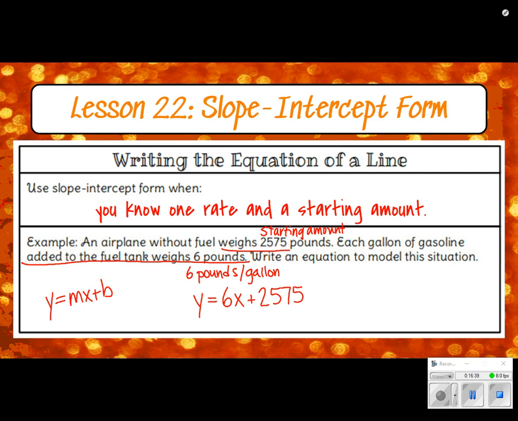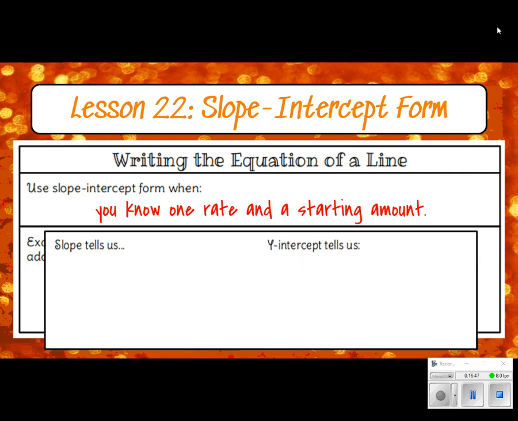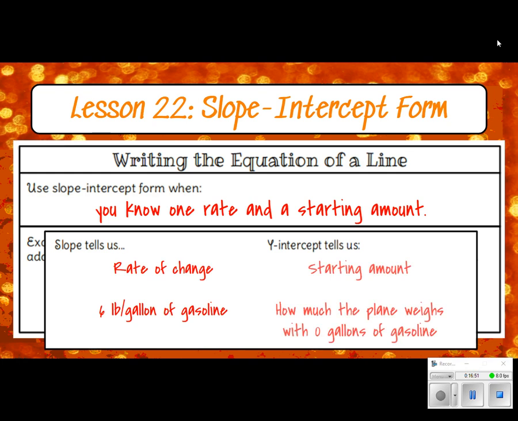There's our equation. So slope tells us the rate of change, 6 pounds per gallon of gas. The y-intercept tells us the starting amount, how much the plane weighs with 0 gallons of gasoline. So if you were asked to interpret the slope or the y-intercept, you are bringing those values back to what it means in the problem.